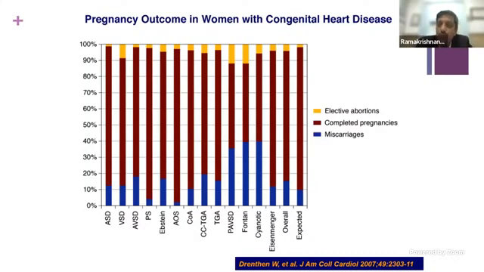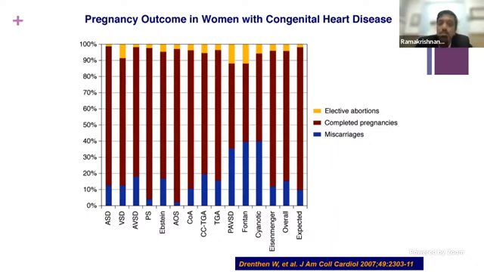Most of the time you will find a patient who has become pregnant in between the history, so you'll be asked about pregnancy outcomes. This is one slide that tells you a lot. I think you understand that maternal outcomes are the worst in the isomeric syndrome group of patients.